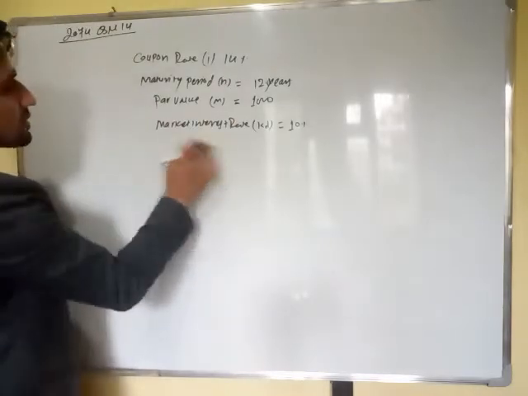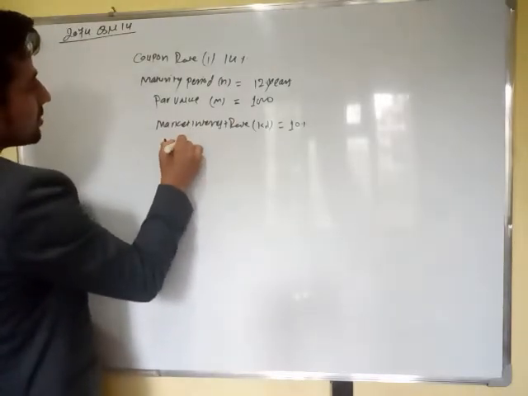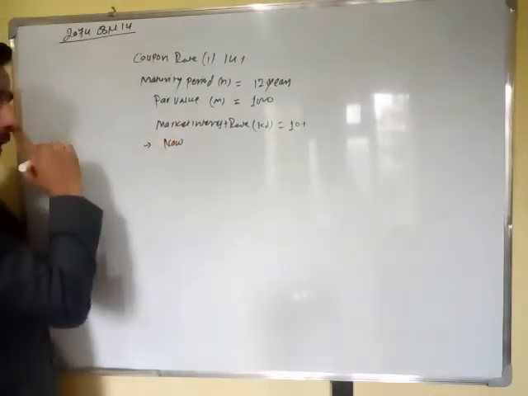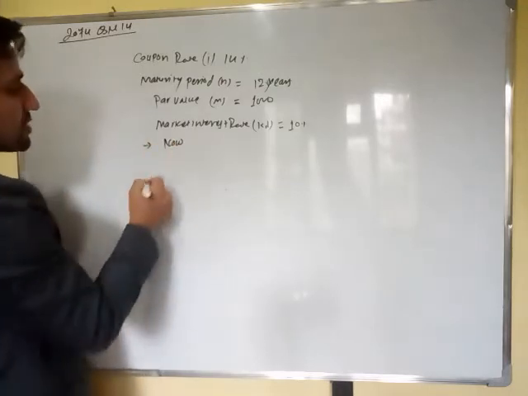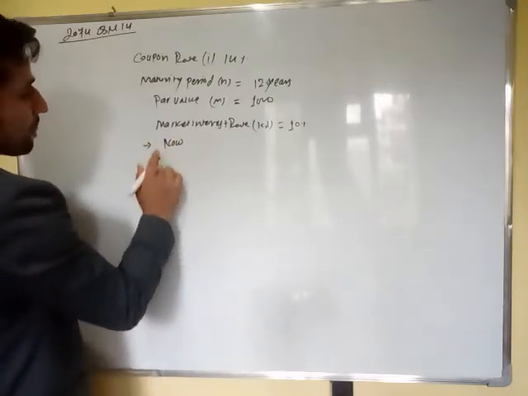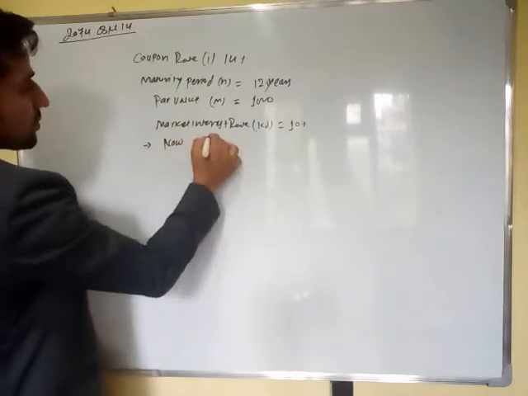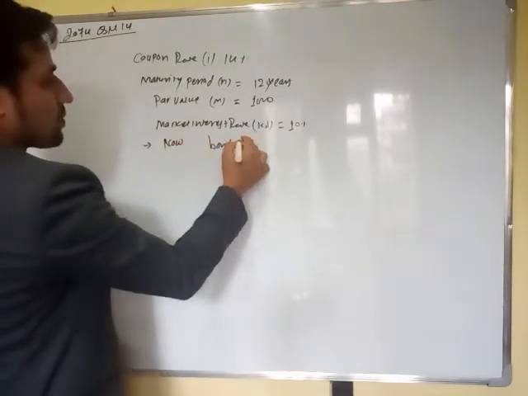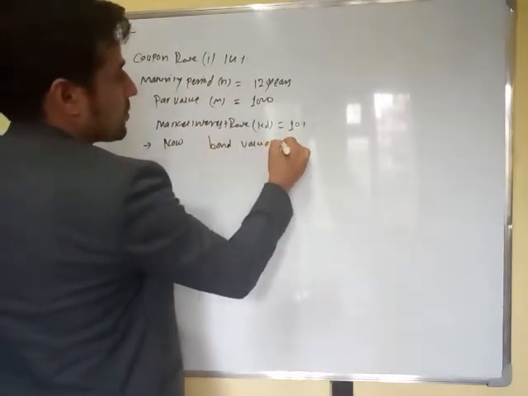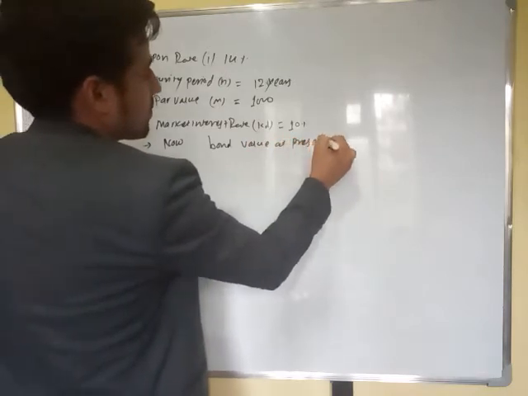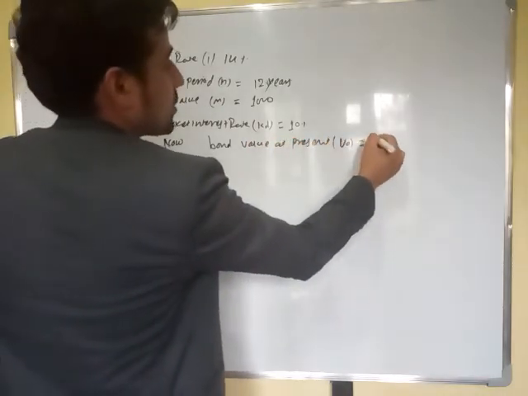Now, find out the bond value for the given information. B0 is equal to what?